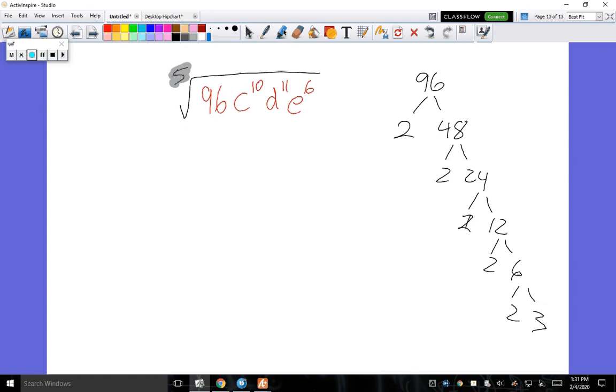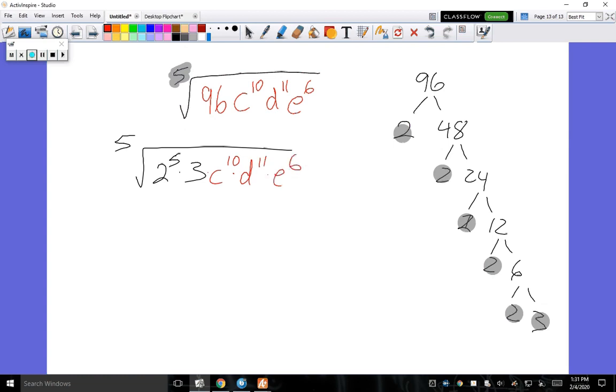I know to stop at those ends because these numbers are prime. So I have 5 2's, and you could have done it like this if you wanted: 5 2's and 1 3.